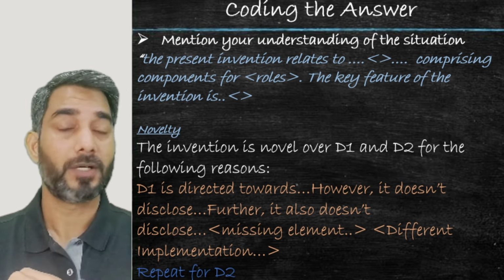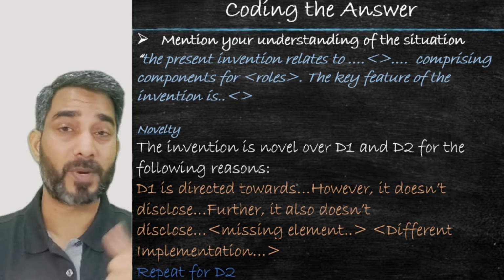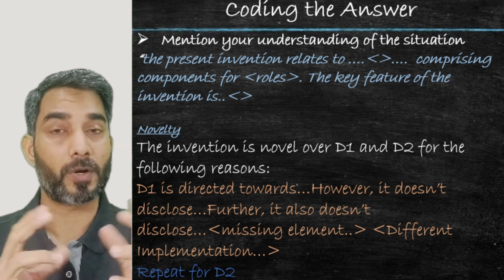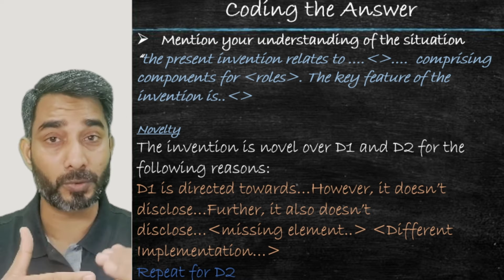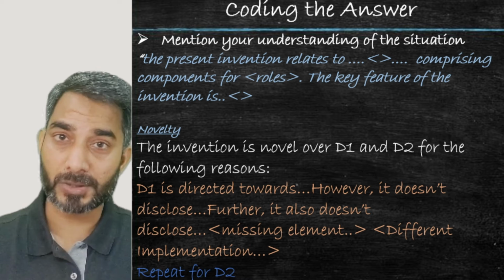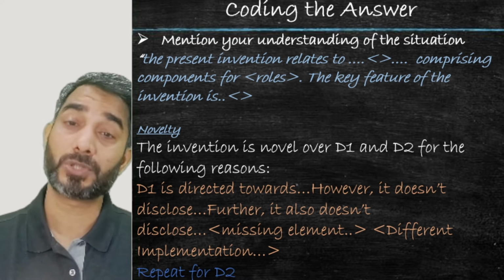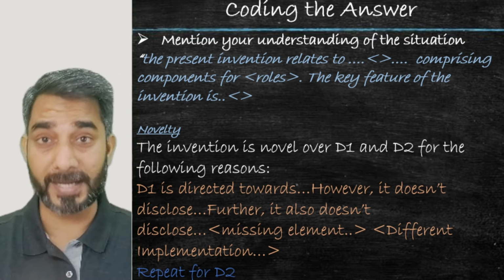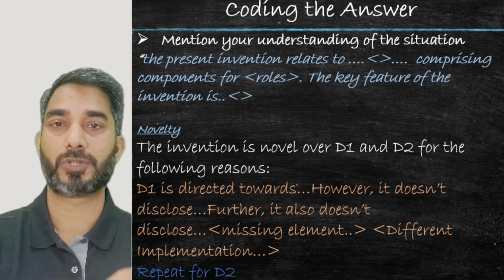Now what? One component that you identify, one feature, or one objective or one problem statement that they were able to solve because of a particular component, you write that. If there are multiple such components, you say further it also doesn't, and you can write many more, like additionally it also doesn't.